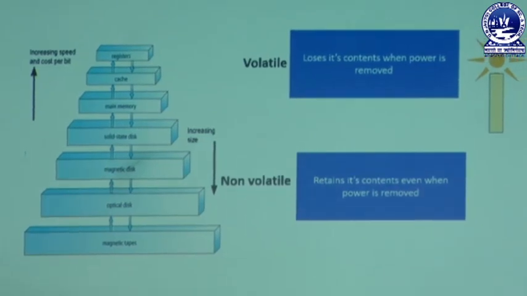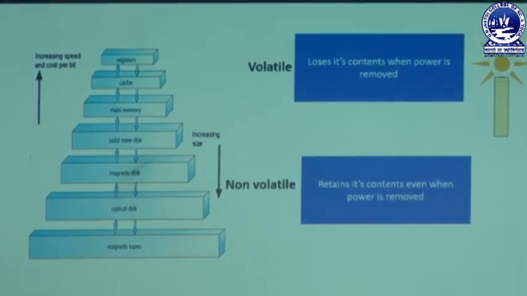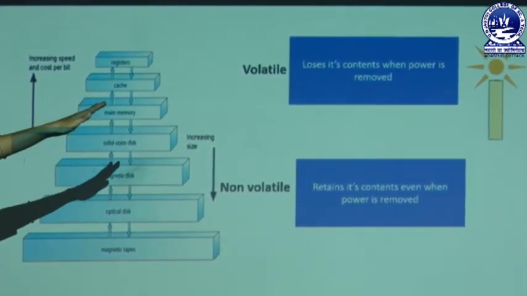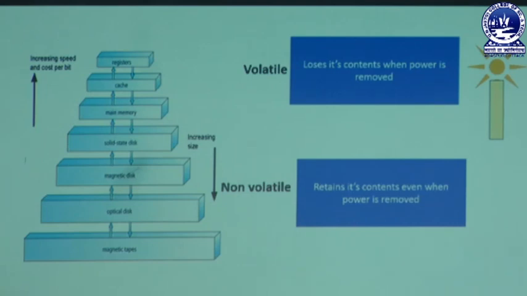Next, I said that the main memory is volatile in nature. Volatile means it loses its contents when power is removed. So our main memory, cache and registers are volatile in nature. When the power provided to this memory is switched off, the data stored in that memory will be erased.